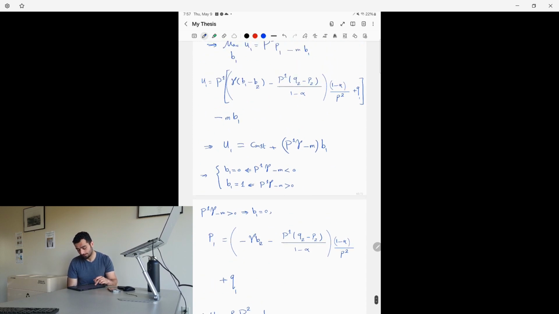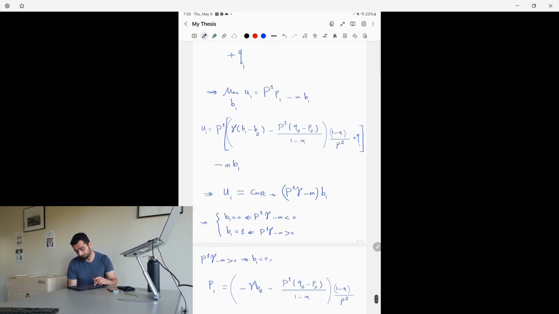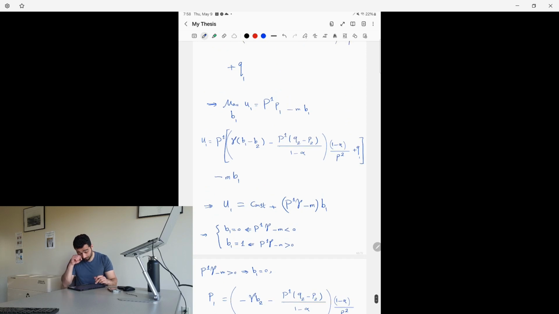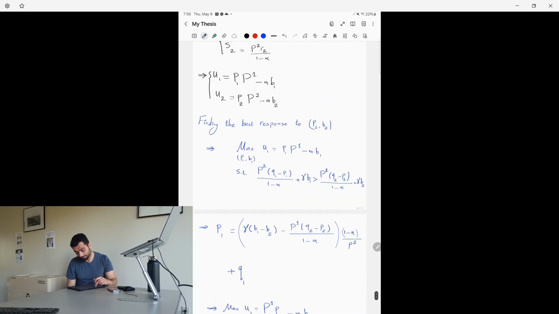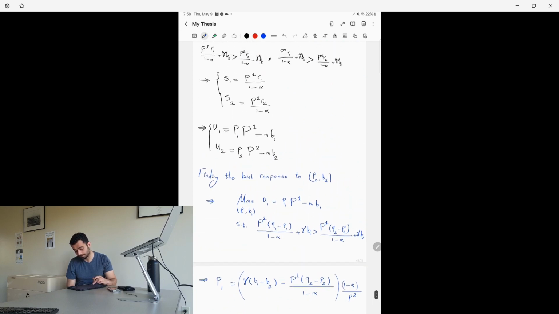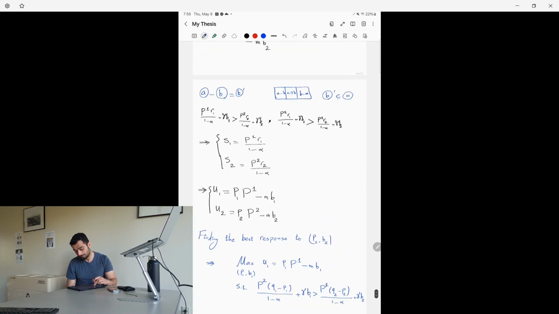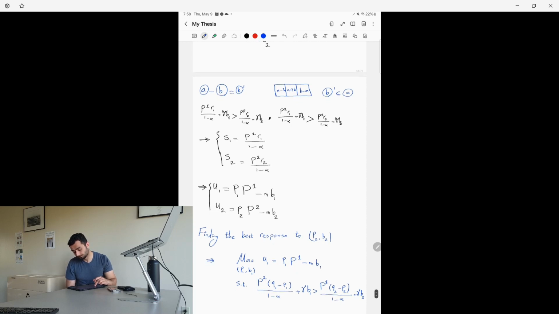Then what? That holds, this inequality holds. And S1 and S2 will be both 0, because R1 and R2 are 0.